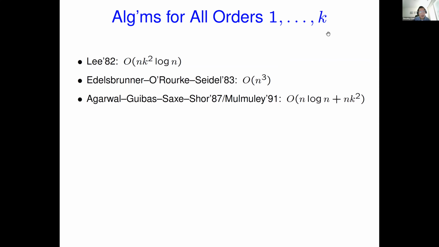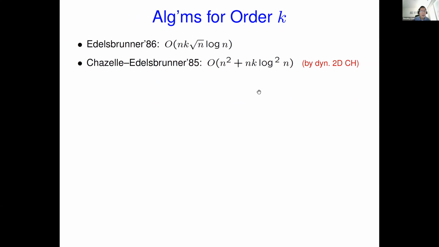So there are faster algorithms. For example, Chazelle and Edelsbrunner in '86 gave an algorithm with runtime nk times square root of n, roughly. And Aurenhammer and Edelsbrunner in '85 gave an algorithm with runtime n squared plus nk log squared n. Okay, and this is obtained using the following idea.